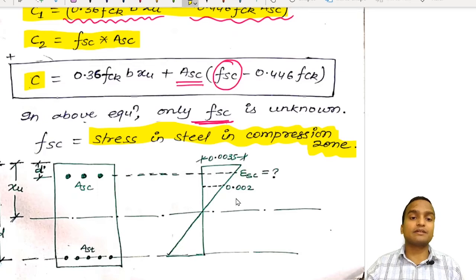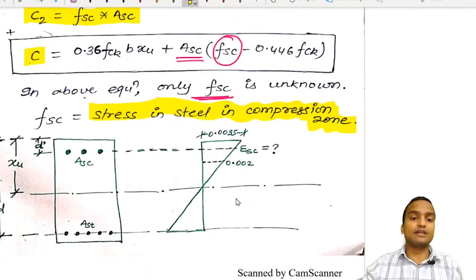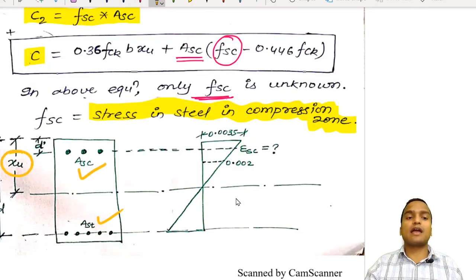This is our doubly reinforced section shown here, and these are the steel provided in the compressive zone, and these are the steel provided in the tensile zone. We have also shown the depth of neutral axis xu, and this is the top clear cover, and this is the effective depth small d. Effective depth d is always gross depth minus clear cover at the bottom. This I have also explained.